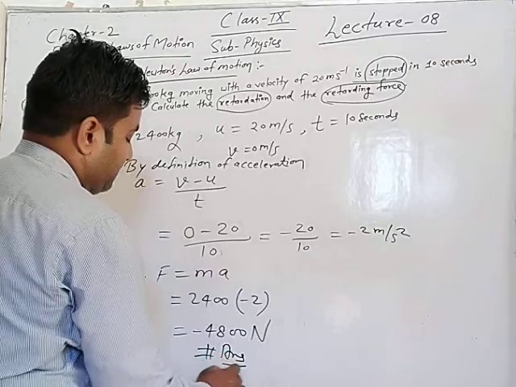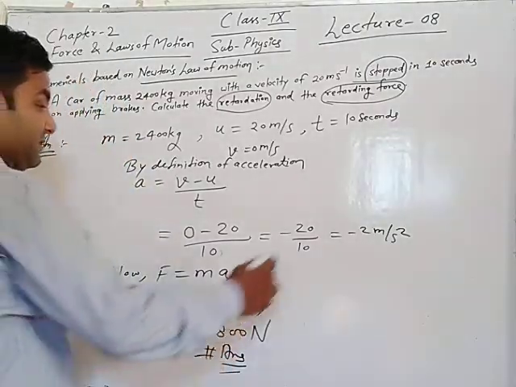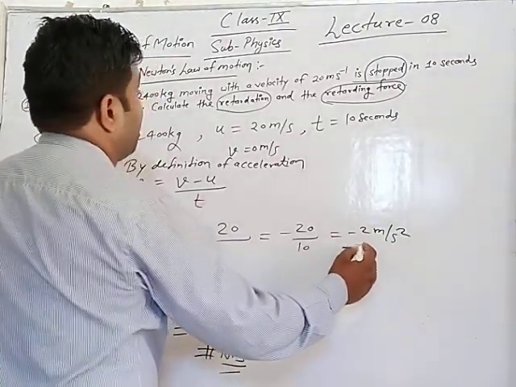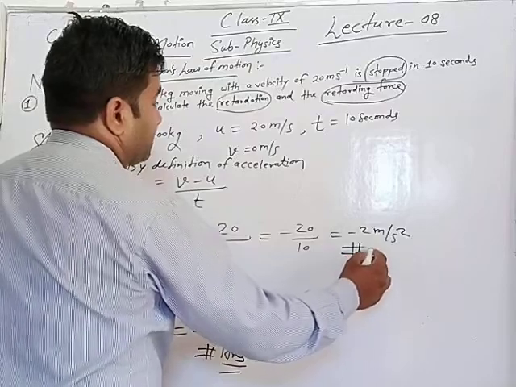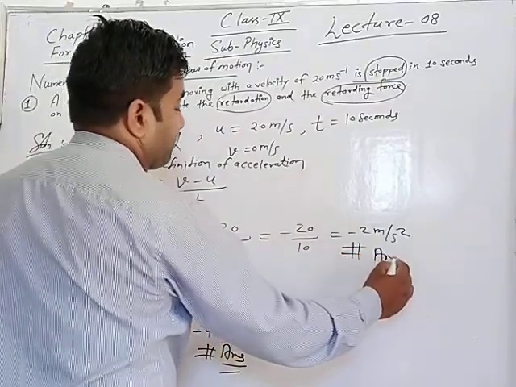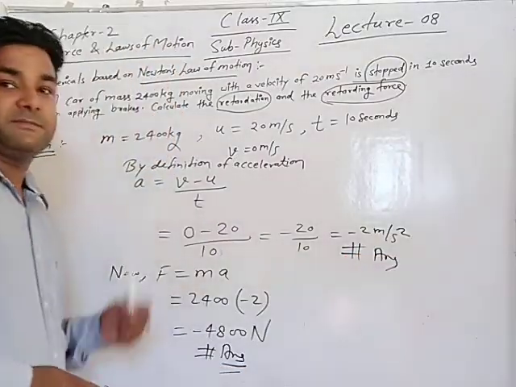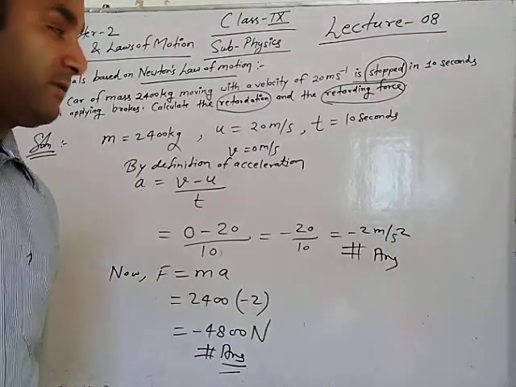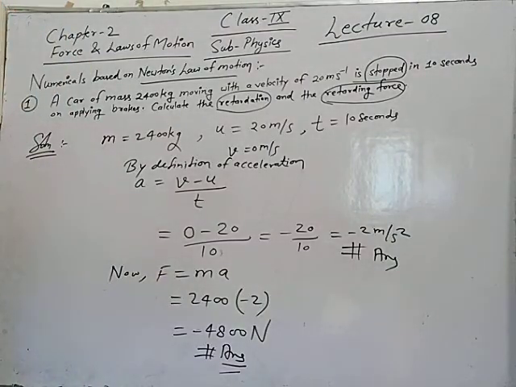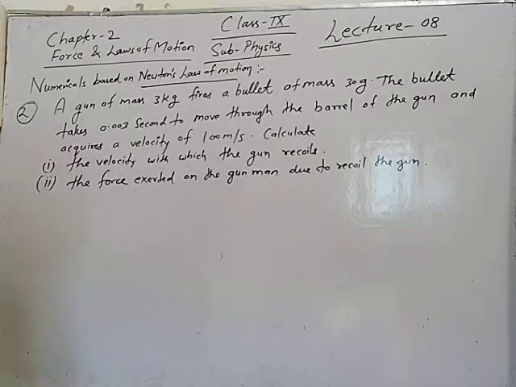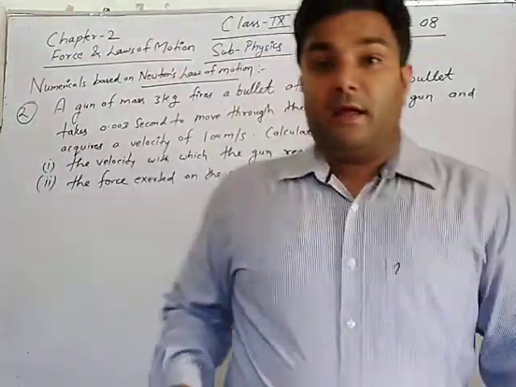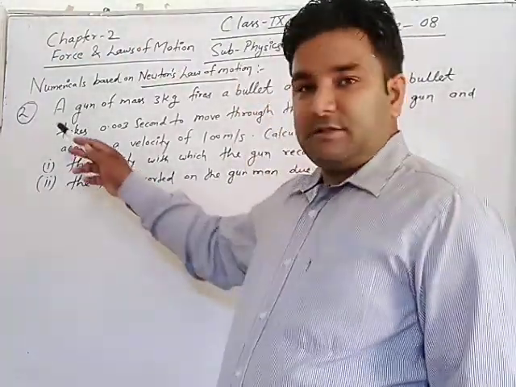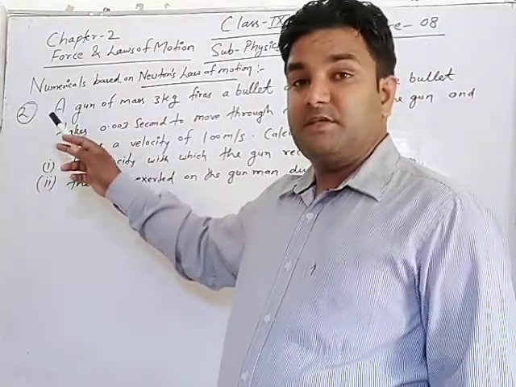So this is the value of retarding force, and this one is the retarding acceleration, or you say retardation. So note down this one, very simple. Then after this we will solve our second. Just see, after solving the first, this is the second numerical based on the same concept.